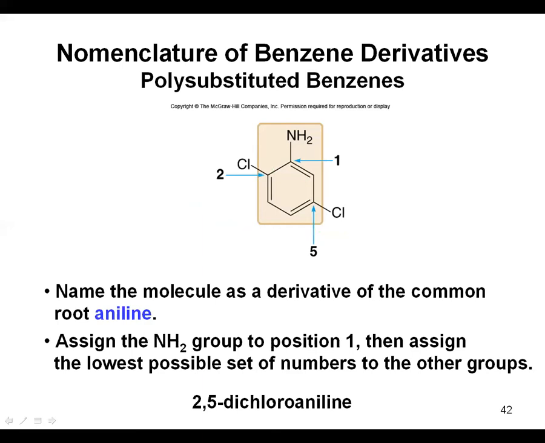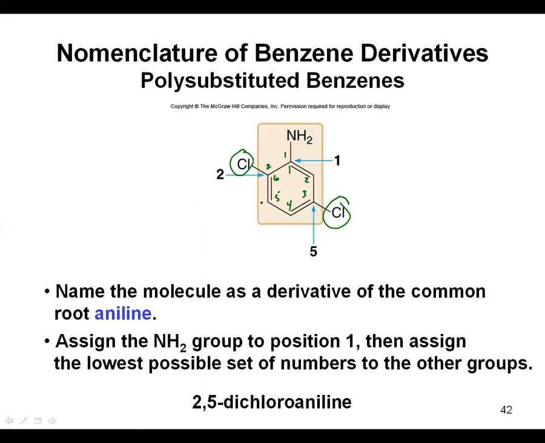Here's another one where we have that historical group in there. That's aniline, which is that NH2 part. And if we name it that way, we then would have 2 chlorines, which was the dichloro. And since aniline would be the base of the name, we could have 2 options. We could go 1, 2, 3, 4, 5, and 6, or we could go the opposite way.